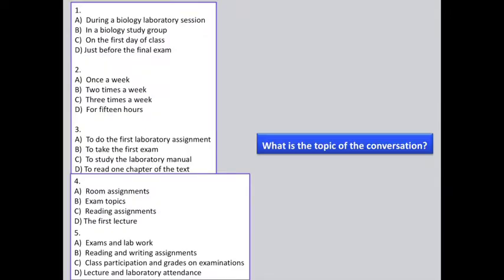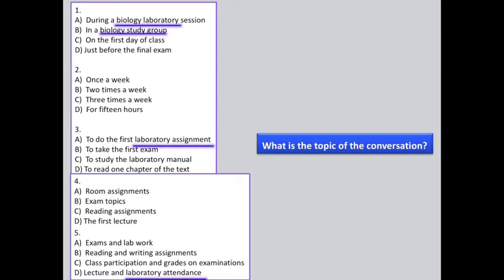The first thing that you should do is look through the answers for key words that help you guess the topic of the conversation. Let's do that here for the first 5 questions. There are a lot of words in these answers that can help us guess the topic.